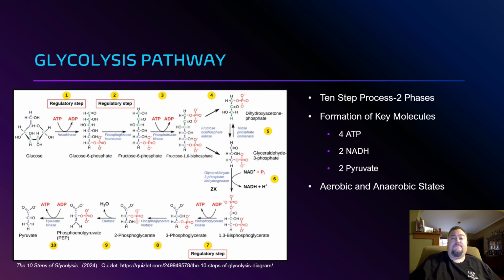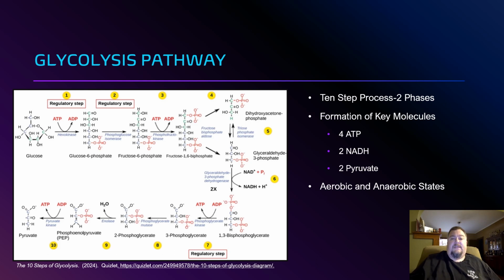Step 4, fructose 1,6-bisphosphate splits to form 2 three-carbon sugars, dihydroxyacetone phosphate, DHAP, and glyceraldehyde 3-phosphate. They are isomers of one another, but only one, the glyceraldehyde 3-phosphate, can directly continue through the next steps of glycolysis.